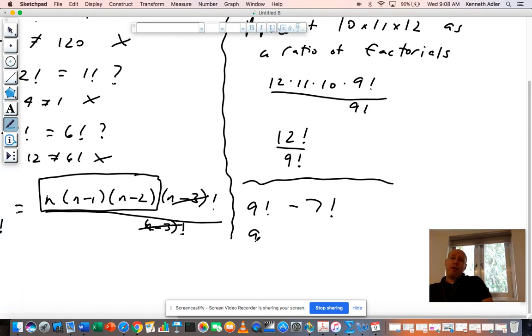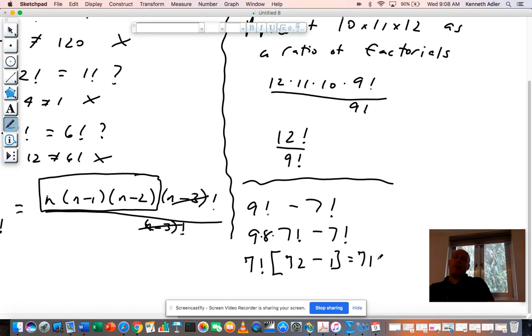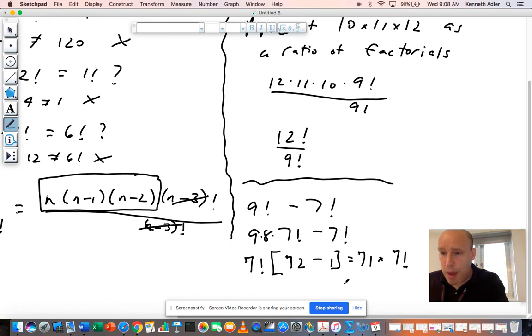This is 9 times 8 times 7 factorial minus 7 factorial. I can factor out the 7 factorial, leaving me with 72 minus 1. Final answer, 71 times 7 factorial. So this is another big thing in this course: breaking down polynomials, breaking down functions into their components.